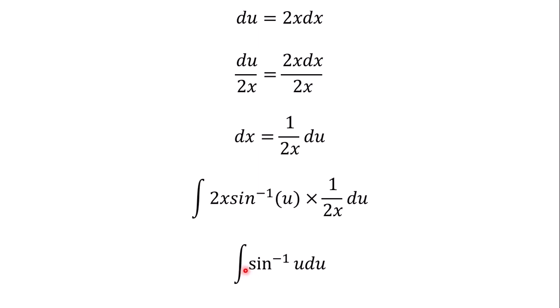You could see that it's 1 times sine inverse of u. And because that one is there, it is making it an integration by parts question. So using the DI method, we are going to differentiate one and then integrate one. But here I'll differentiate sine inverse of u and then integrate 1. So let's put them into the DI format.